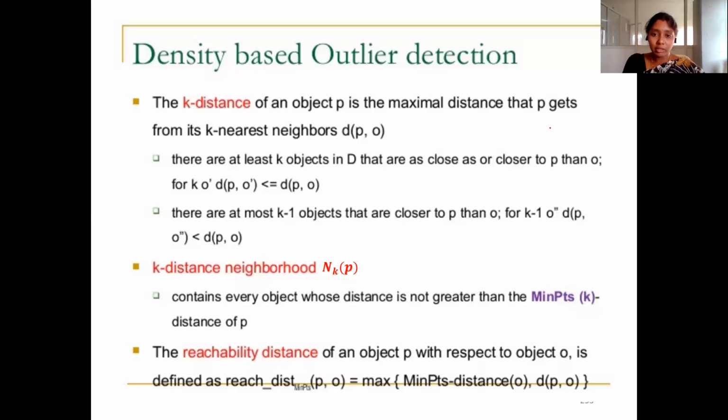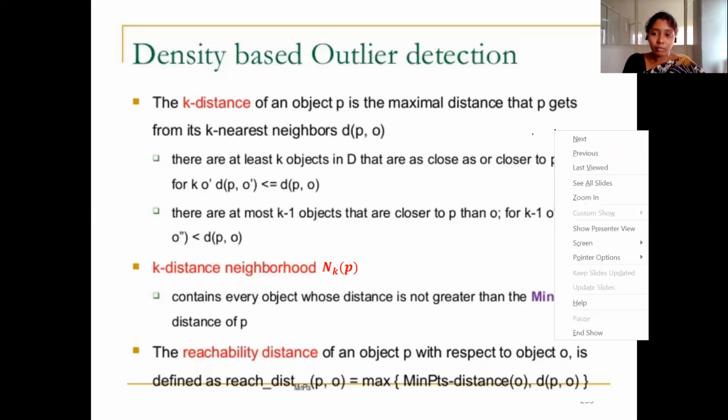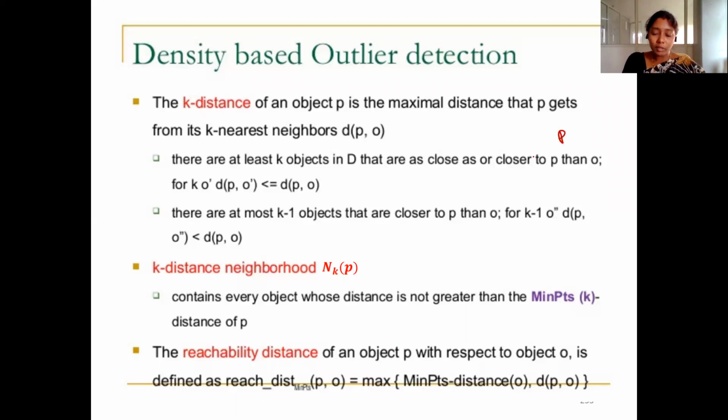Suppose this is P. The K distance of an object P is the maximal distance that P gets from its K nearest neighbors. So we need to consider the K nearest neighbors of P. Suppose K is equal to 4, for example.